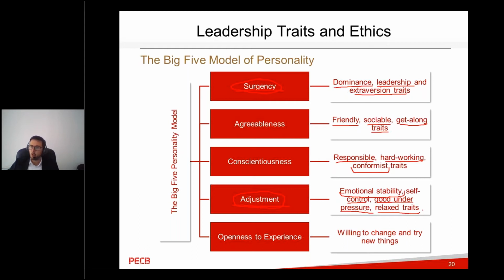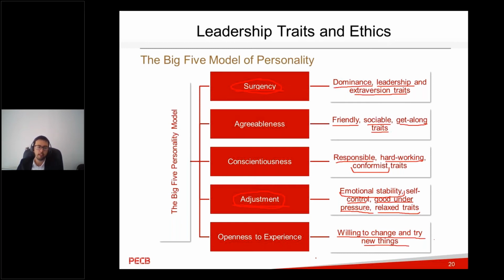And then we have openness to experience, which is the last dimension of personality traits. These are the people that usually are open to new ideas, and they are willing to change and try new things. In this case, we're talking about people that tend to be the first to change the mentality and to try new things.